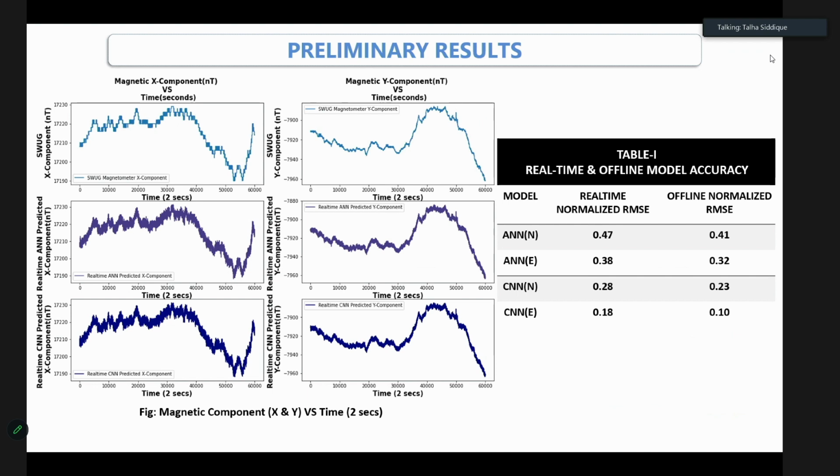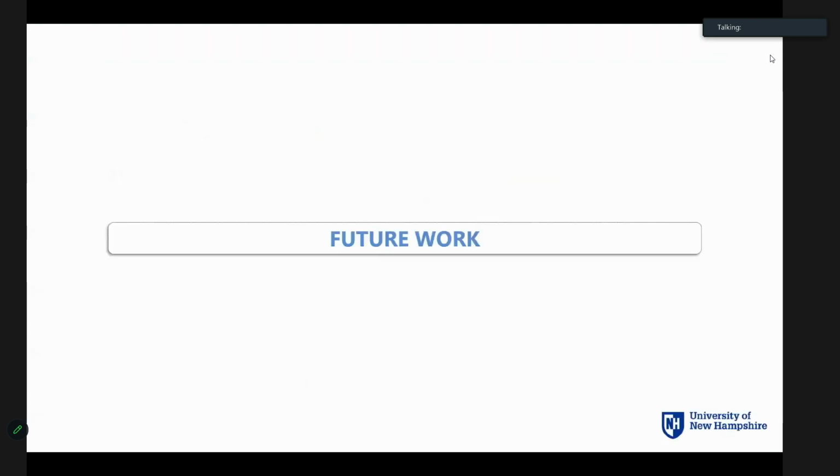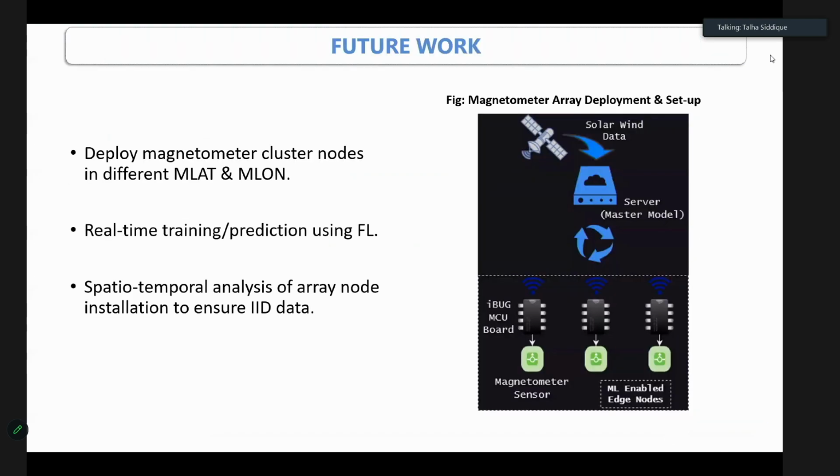If we introduce the online learning mechanism, which I mentioned earlier in terms of federated learning, we expect these results would improve. In terms of future work, we are going to deploy magnetometer cluster nodes in different magnetic latitudes and longitudes, as well as implement the federated learning architecture.